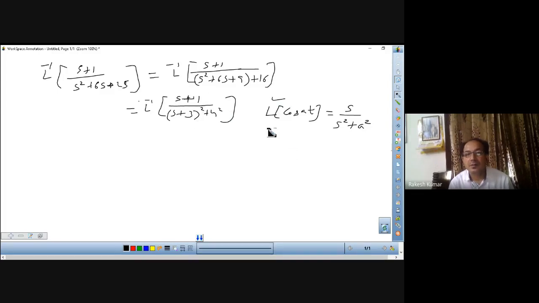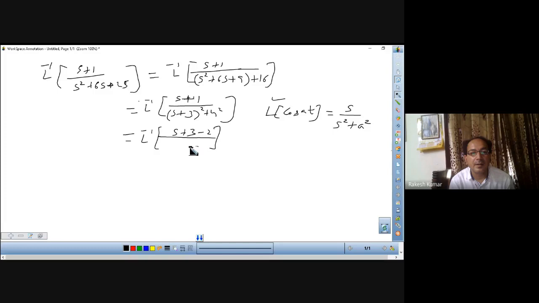And one more thing, s plus 1 is there and s plus 3 is there. So for applying the shifting theorem, the coefficients should be the same. There should be s plus 3 and minus 2, because 3 minus 2 will become 1. Denominator will be the same, that is s plus 3 square plus 4 square.